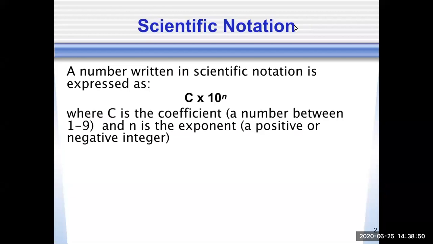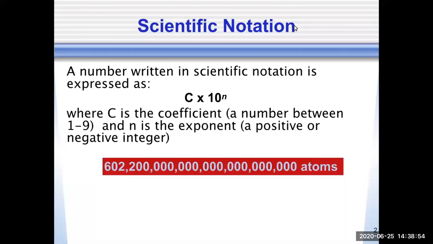So let's go back to those numbers we had at the beginning. Okay, so if I wanted to write this number in scientific notation, here's where you would start your decimal.